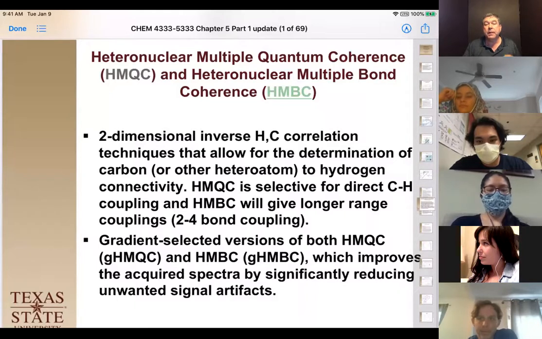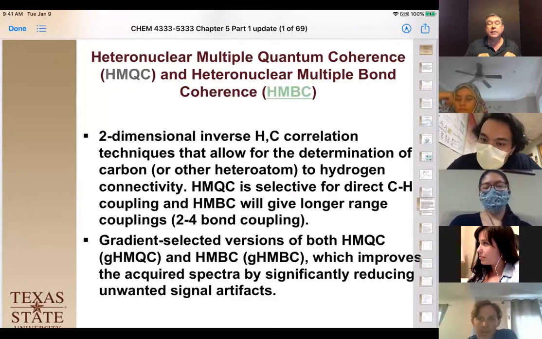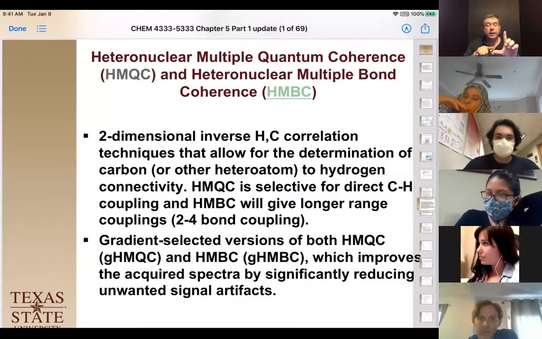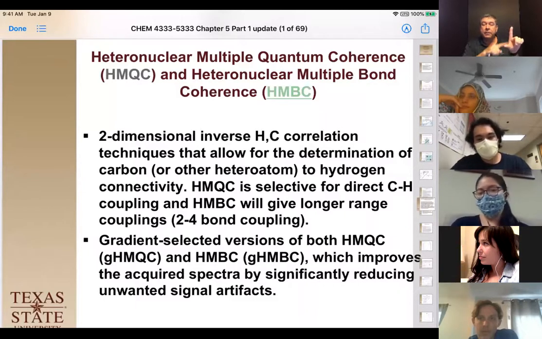analysis of our system. However, by changing your time regime, you can actually see the 2-bond connection, which is, so if you had a hydrogen here connected to a carbon, connected to a hydrogen, to another carbon. This carbon would show up connected to this at a weaker signal than this one. So you have carbon number 1 has its primary signal.